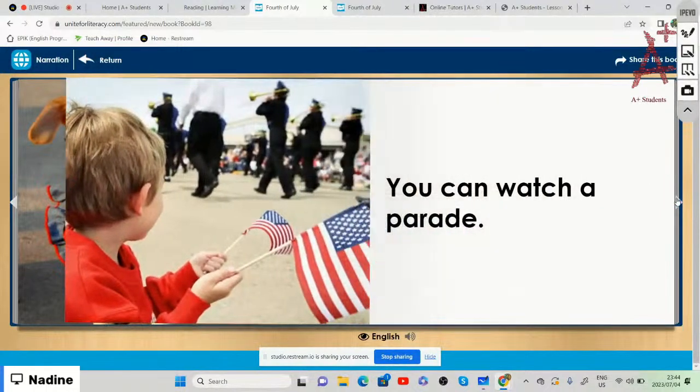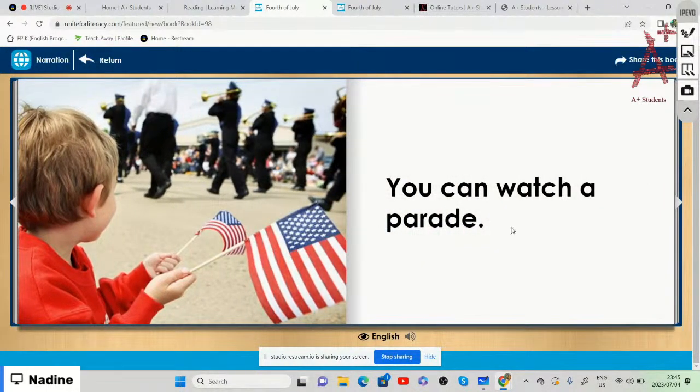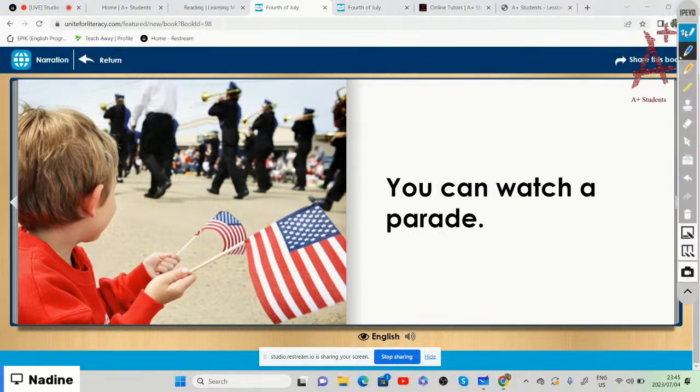If we look at this picture over here, or what they're saying, you can watch a parade. Can you identify the action verb even within the sentence? You can watch a parade. What can you do on the 4th of July? So, watch. You can watch a parade.